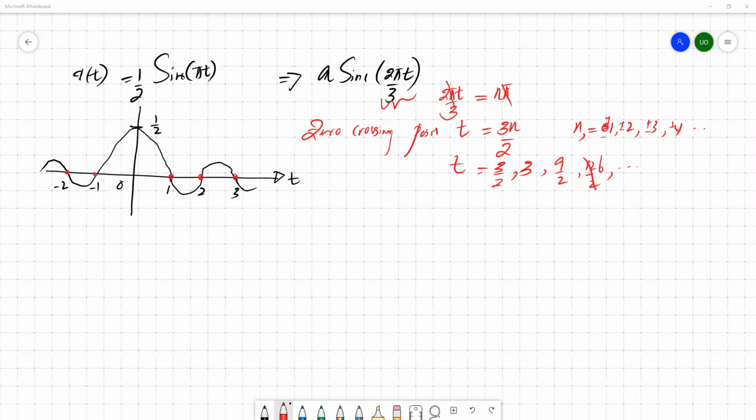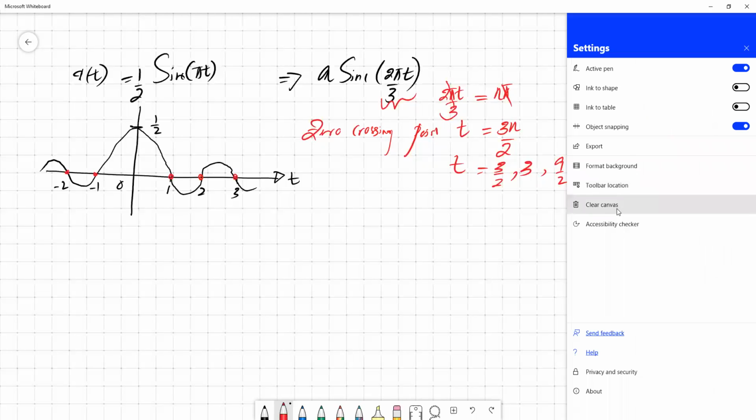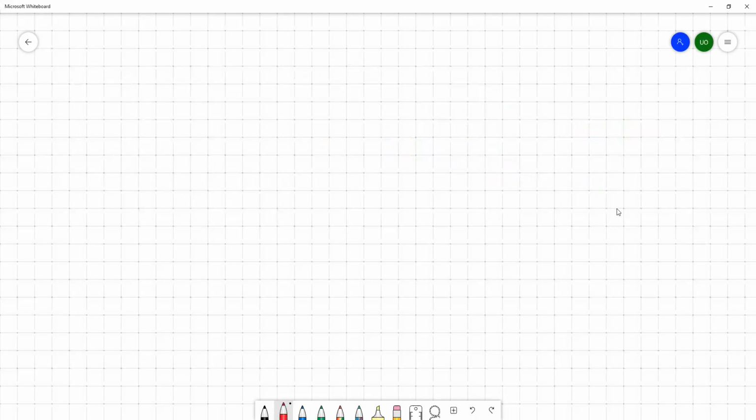Then other than that, yes, then exponential functions. This is another important quantity, exponential functions.